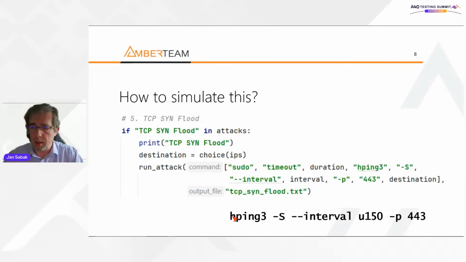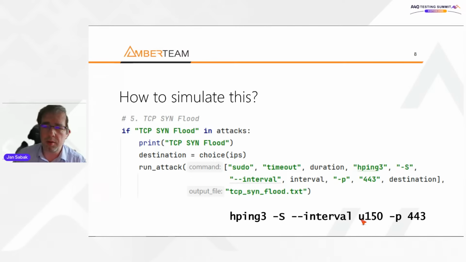So here at the end of this slide, you can see the command line you can issue from your keyboard. So it's hping3. -S means SYN, because it's a SYN flag, simulating a SYN flag attack. So the SYN flag is raised and the interval is 150 microseconds.